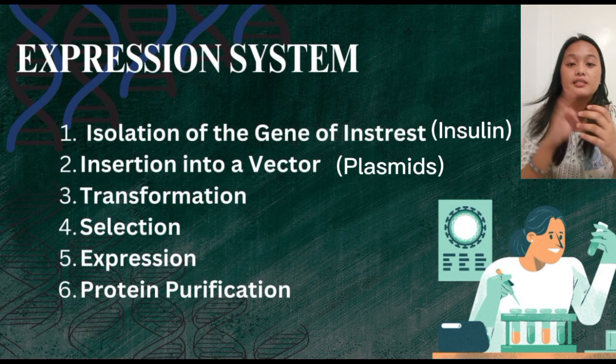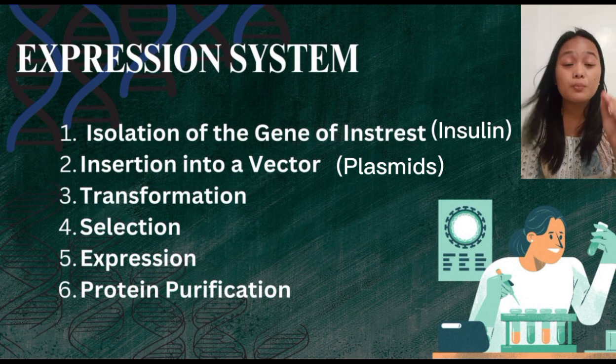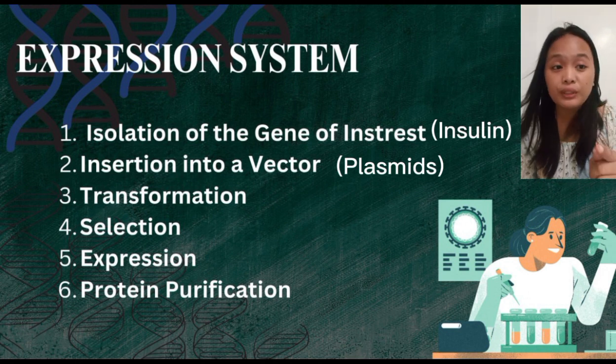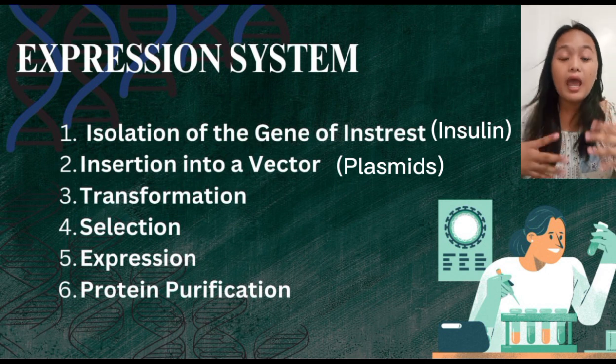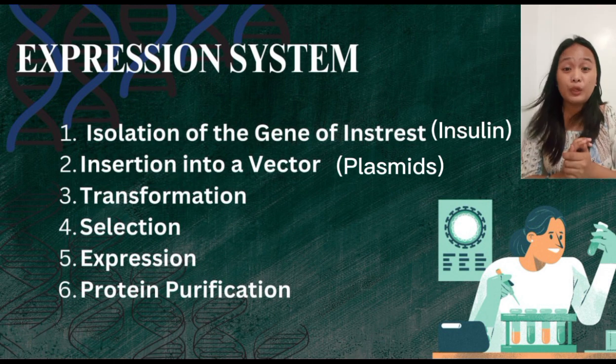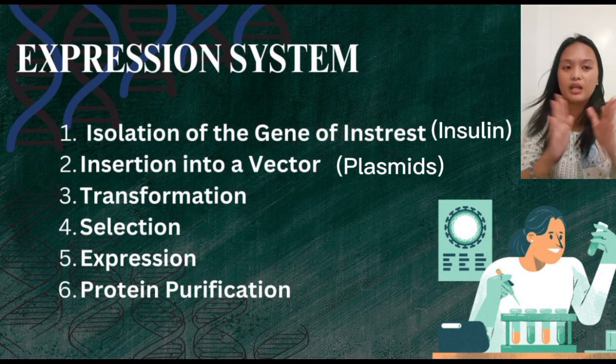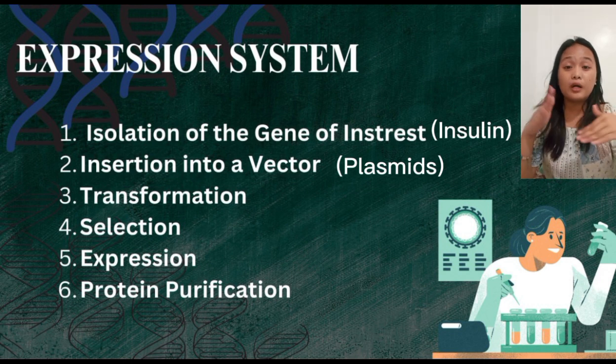And next is step 4, selection. The bacteria are then grown on a special medium. Only those bacteria that have successfully taken up the plasmid, and therefore the insulin gene, will survive. So it means the plasmid and the gene are compatible.